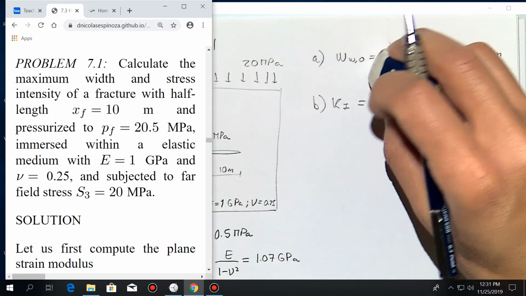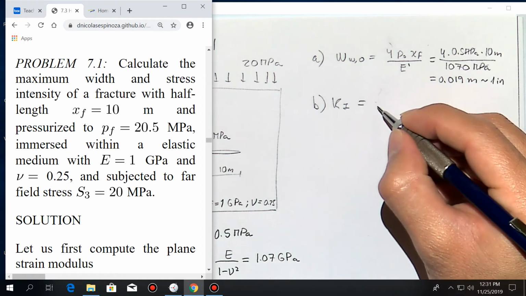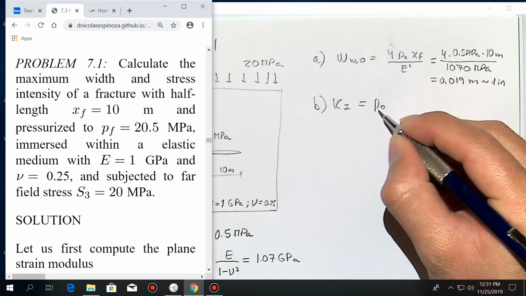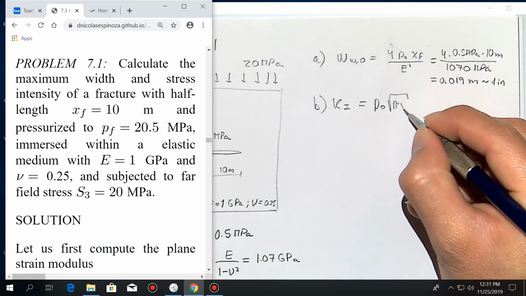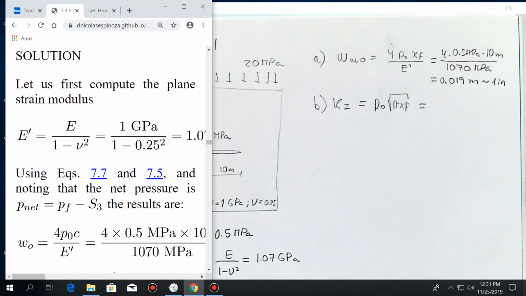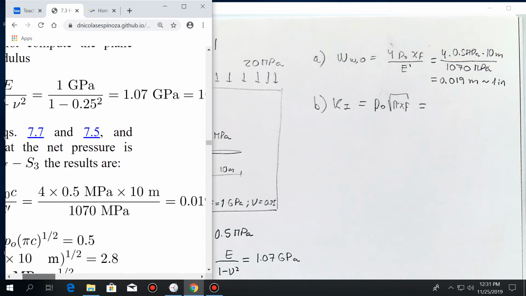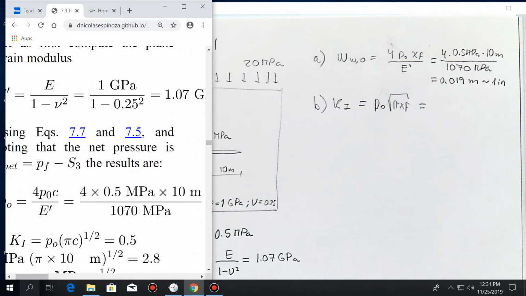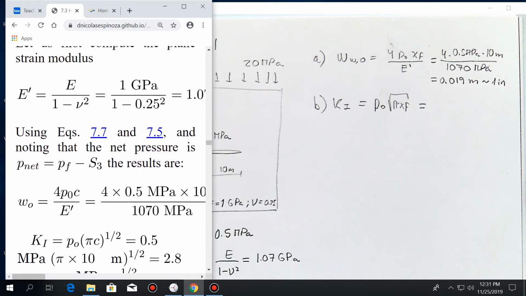And what about the stress intensity factor? If I remember correctly, the equation for this is going to be like that. Let me double check. Probably I have the solution here.